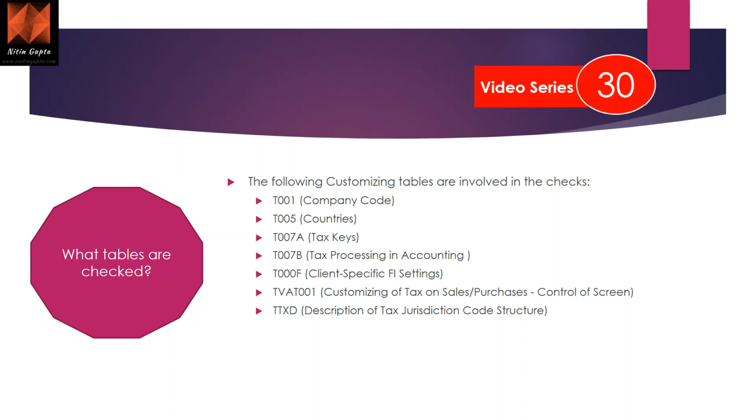These are the tables which the system reads, and it also validates whether the tables are in line with each other. It is very important that you ensure your system is fine and your data is validated before you report your data to the authorities, and only then should you go ahead.